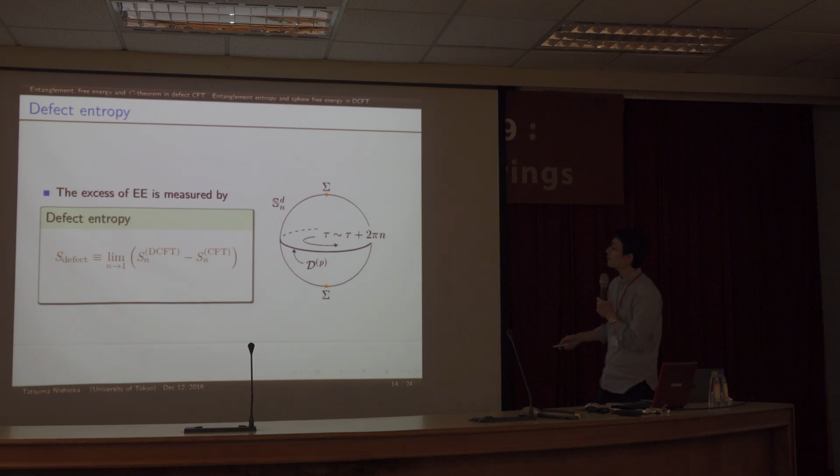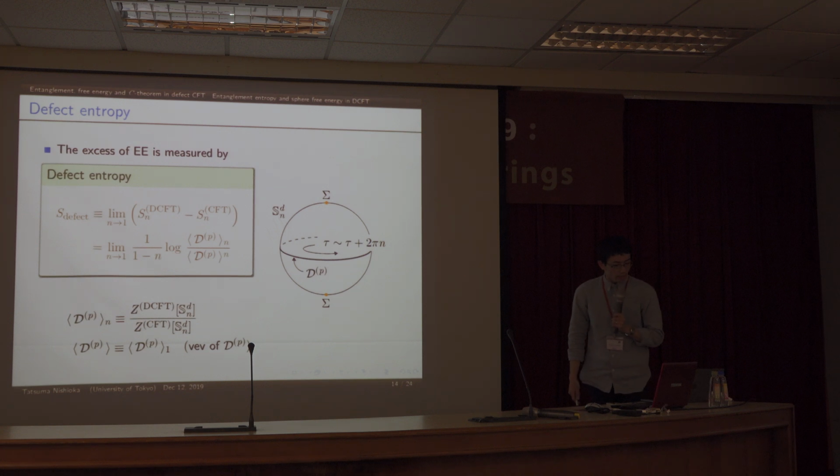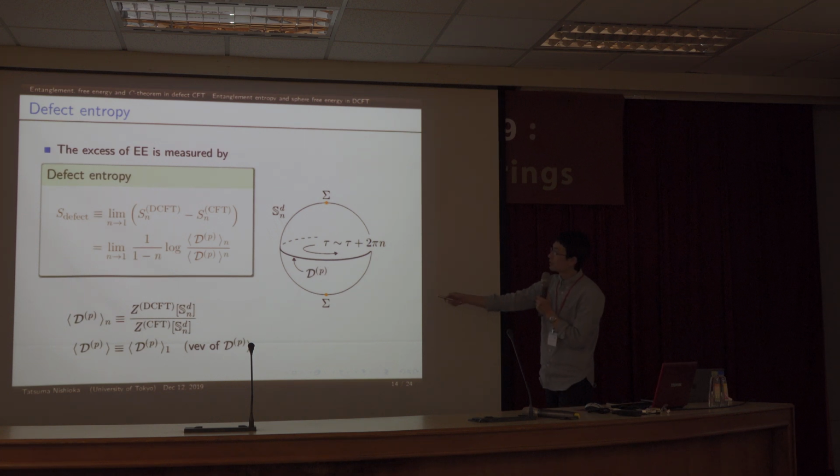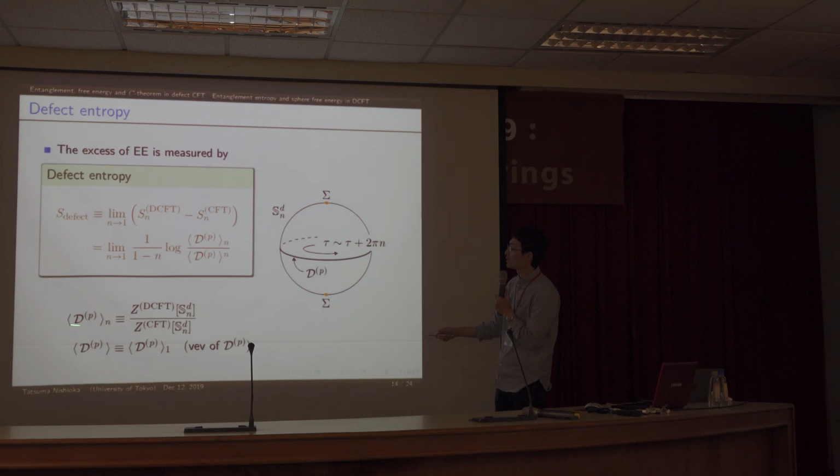Okay. And on the sphere, the defect is located at the equator, some symmetric location, and you take the n-fold cover along this circle. And actually, this defect entropy can be written using the vev of the defect.